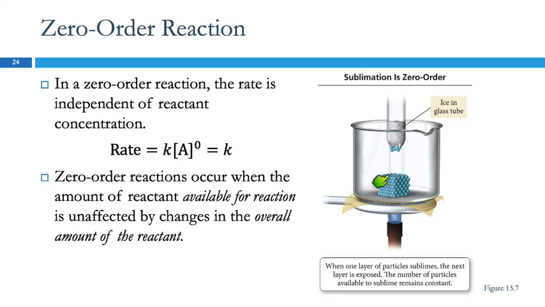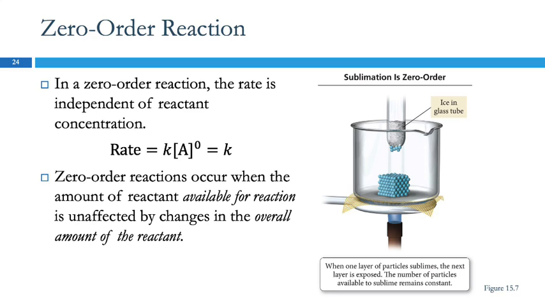When the first layer sublimes, what's underneath? Another layer. Is it about the same size? Yeah, it's the same size. So as the reactant disappears, the amount of reactant available to react is still the same.